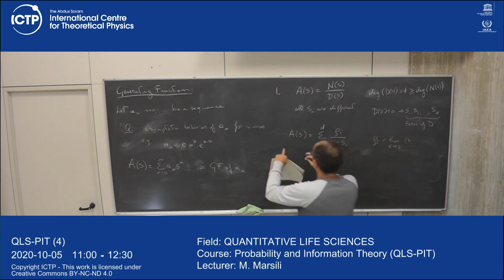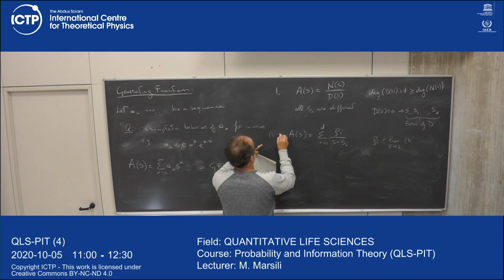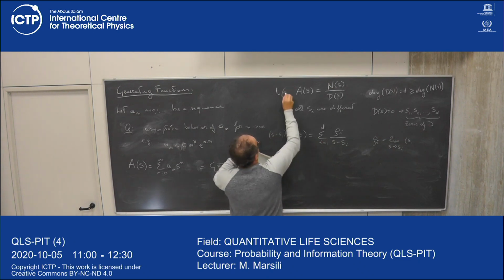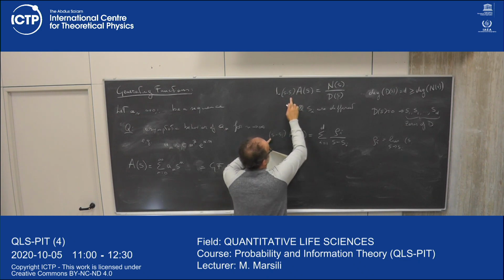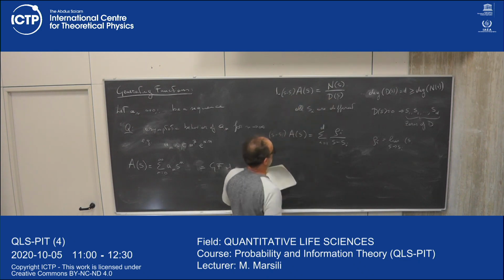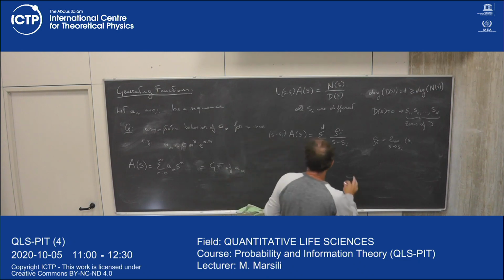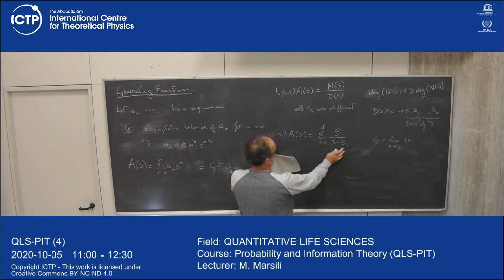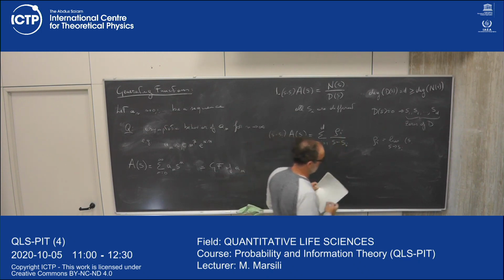So if you multiply this by s minus si and this by s minus si, you take the limit as s goes to si of these two things, you should get the same result. Okay, and in this case, this gives you exactly rho I, because all the other terms will vanish because all the roots are different.